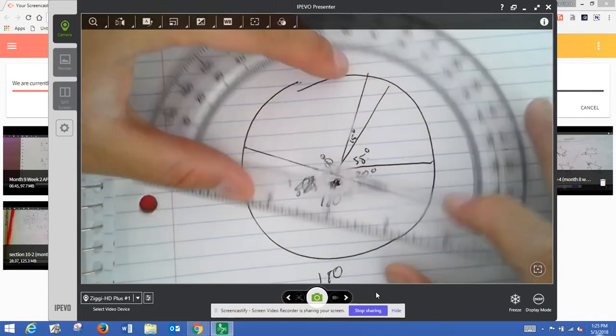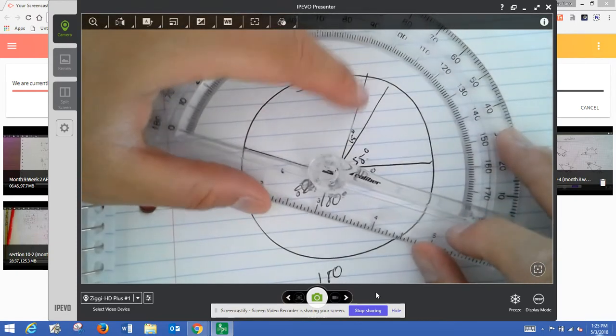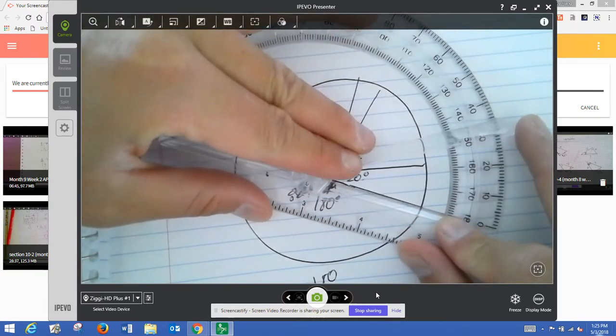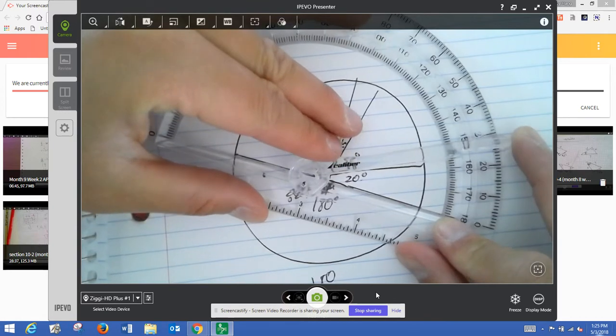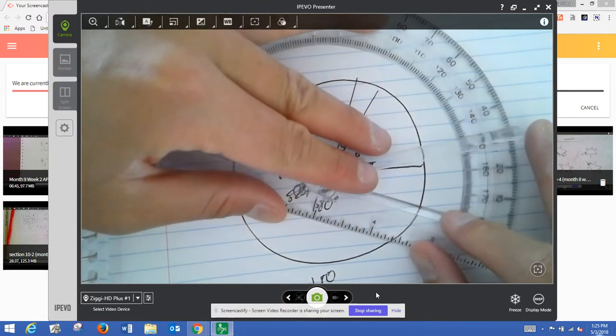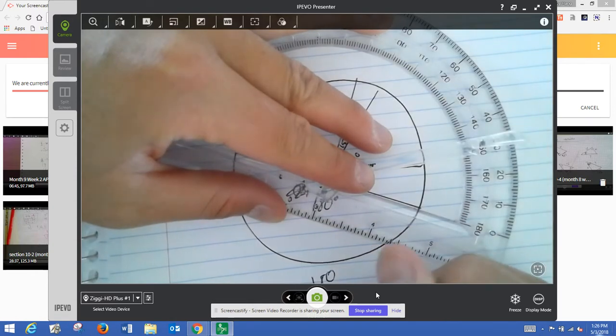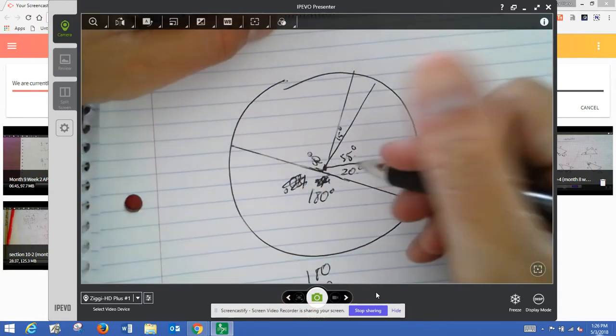Or did I get 30? It's about here, so I think it's about 30. Sorry guys, that's 30 degrees. Yeah, it was 30.